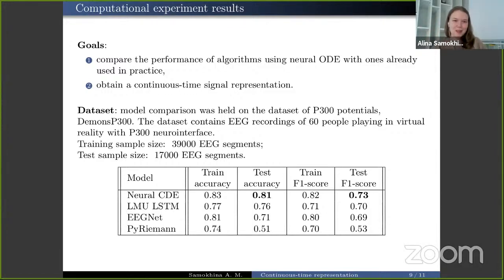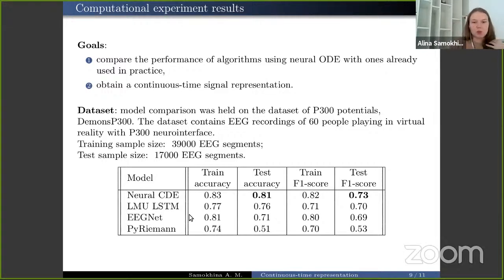Okay, as we can see in the table on the slide, here are presented 4 different models: neural CDE, LMU-LSTM with neural ODE, and EEGNet, a convolutional neural network designed specifically to classify electroencephalograms. And the Pyriemann model, simple logistic regression with some feature preprocessing in terms of Riemannian geometry.